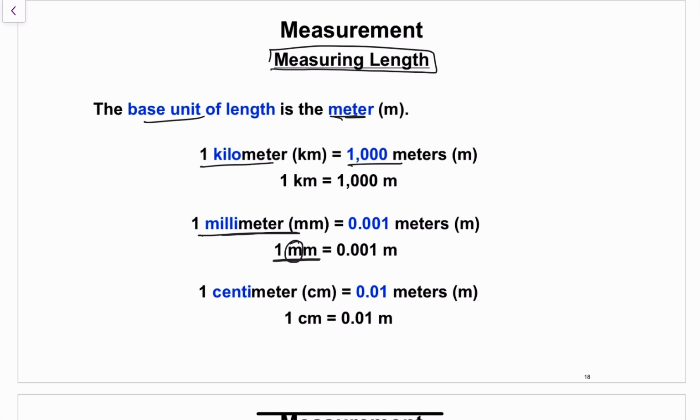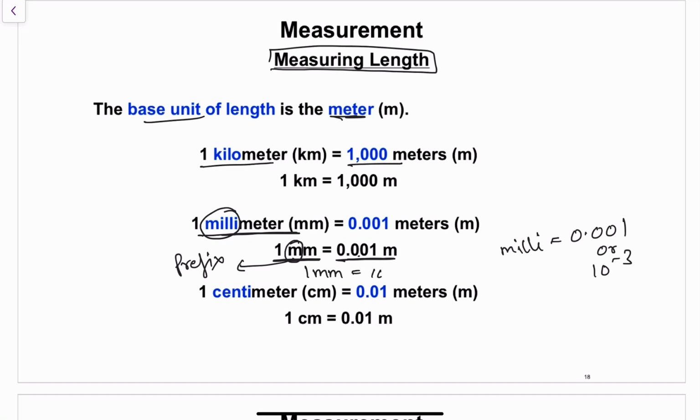M is your prefix, and the prefix is milli, right? M. And what is milli? Milli is 0.001 or 10 to the power negative 3. So you can write 1 millimeter as 0.001 meter, because instead of writing m, you are writing that number 0.001. Or you can write the same thing, 1 mm is equal to 10 to the power negative 3 m.